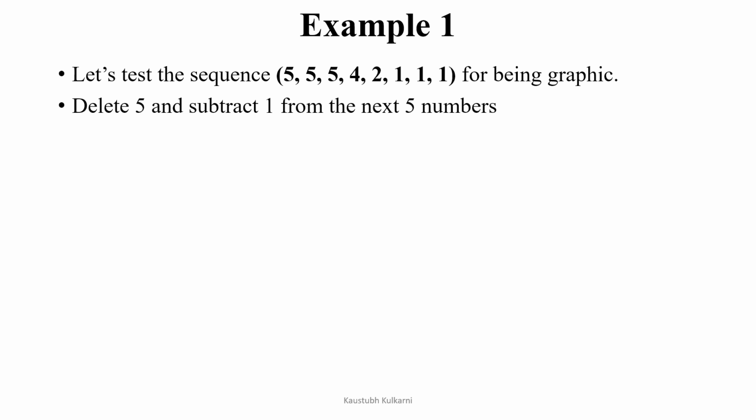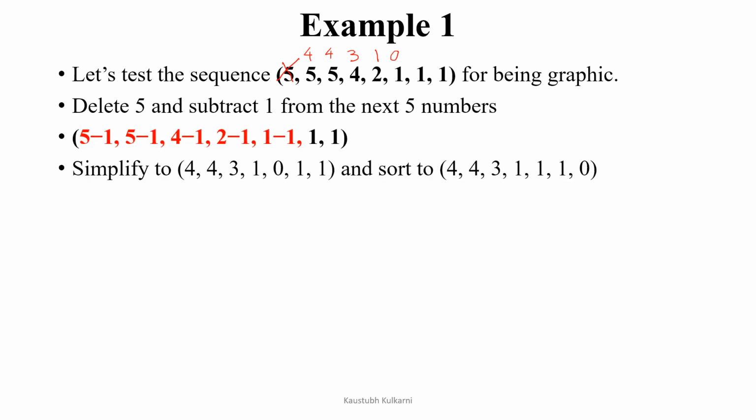So we get 4, 4, 4, then 3, then 1, and then 0. The next 5 vertices are affected, right? Now we again sort it in descending order: 4, 4, 4, 3, 1, 1, 0.